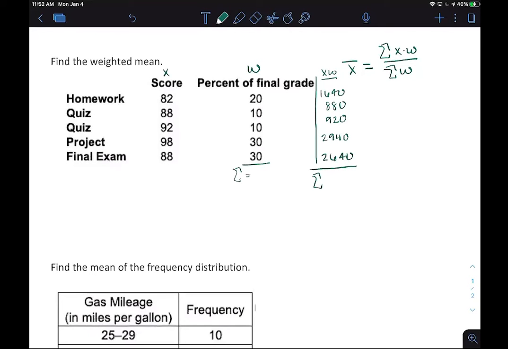If we add up our weights, 20 plus 10 plus 10 plus 30 plus 30, we get 100. And then if we add up our X times W column, we get 9,020.